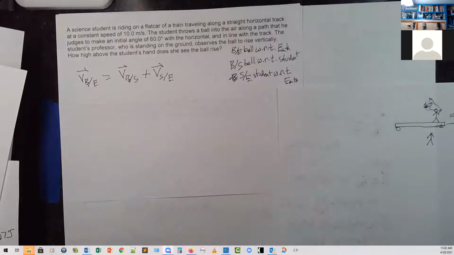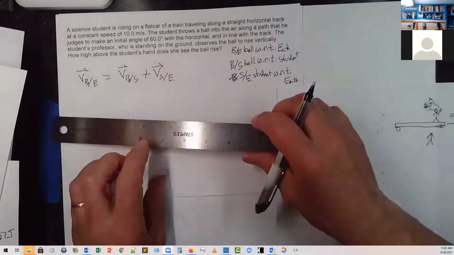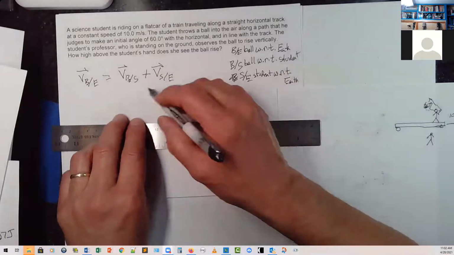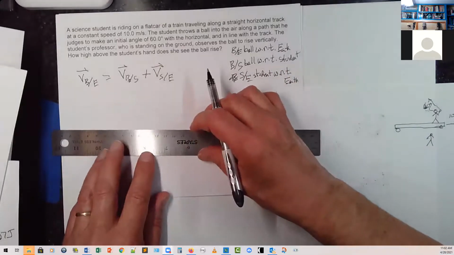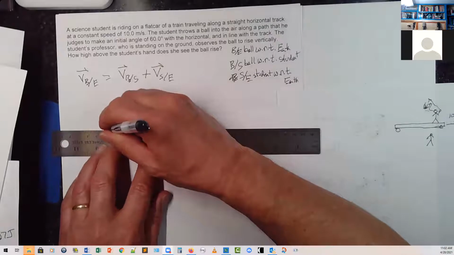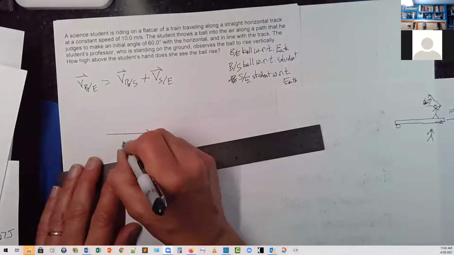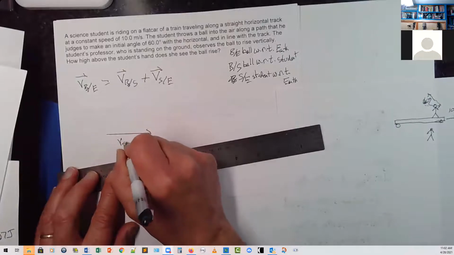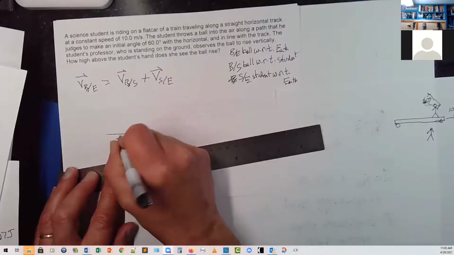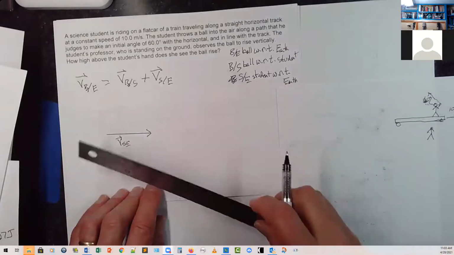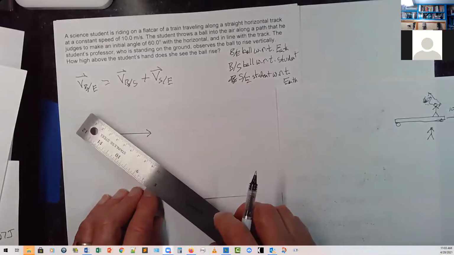Where's my ruler? There's a ruler. First of all, the velocity of the student with respect to the Earth is going to be horizontal, just like that. Now, the student throws the ball so that they think it makes a 60-degree angle with the horizontal.